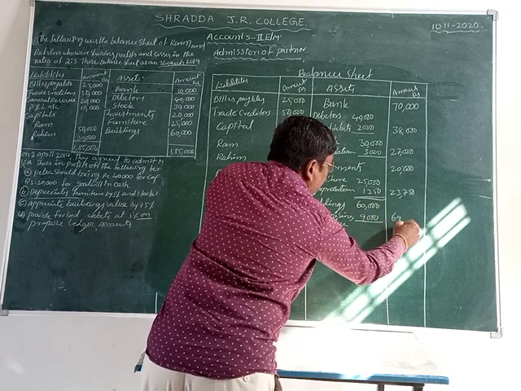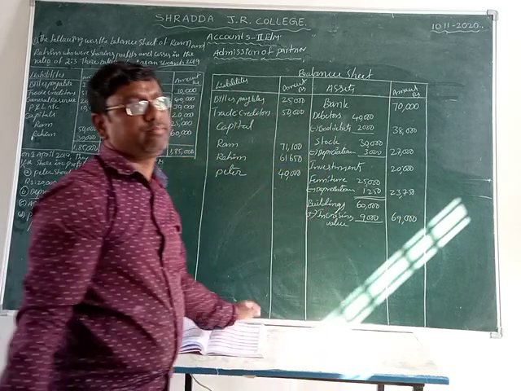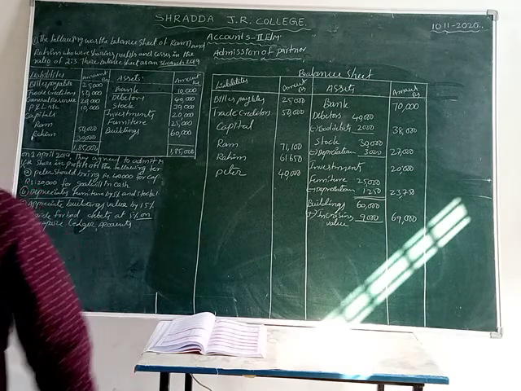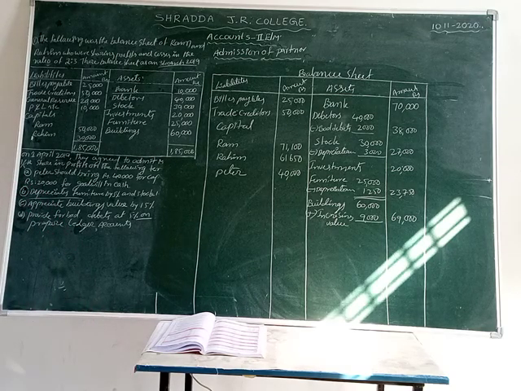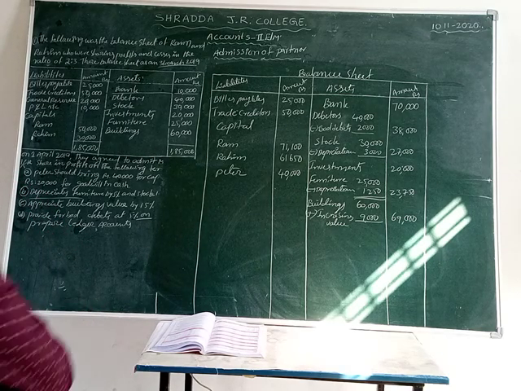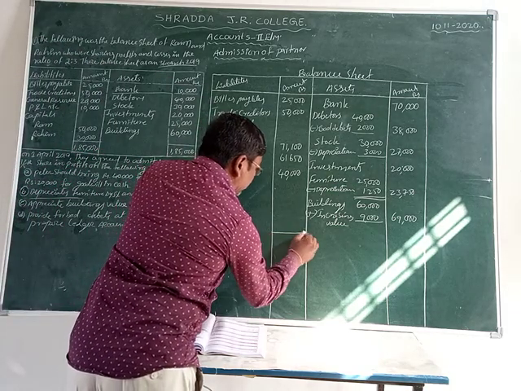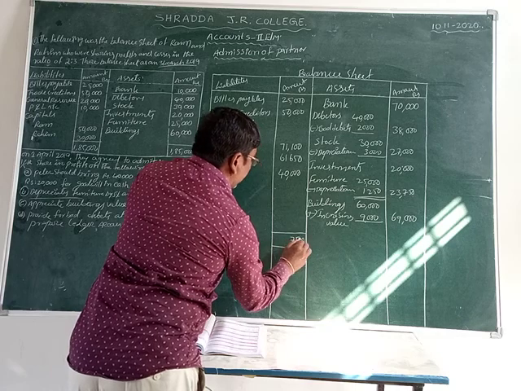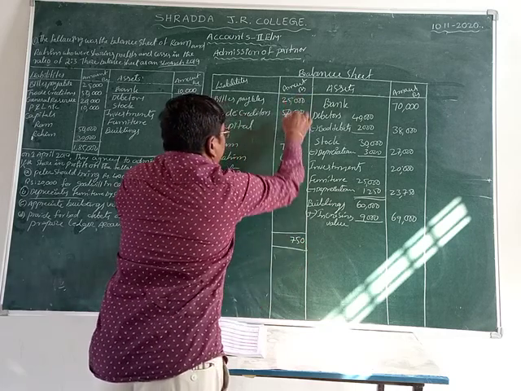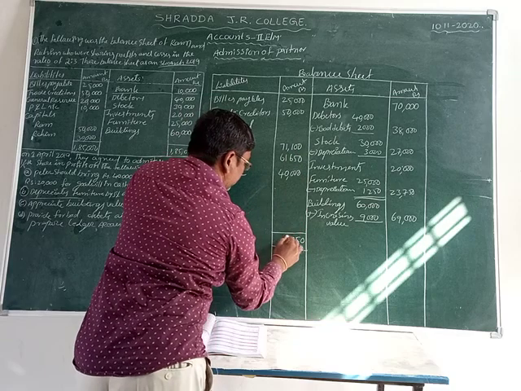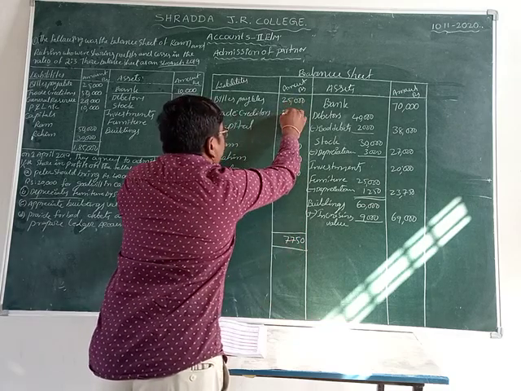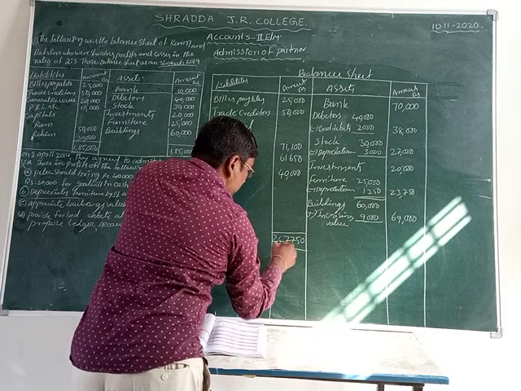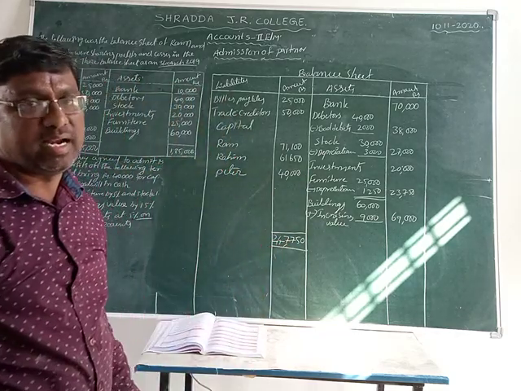Total value is 69,000. This is the total of assets and liabilities. Let us see, students, all of you. Total amount: 0, 5, 6 plus 1, 7. So 5, 6, 7. Okay. 2, 5, 7, 14, 20, 24. 2,47,750.